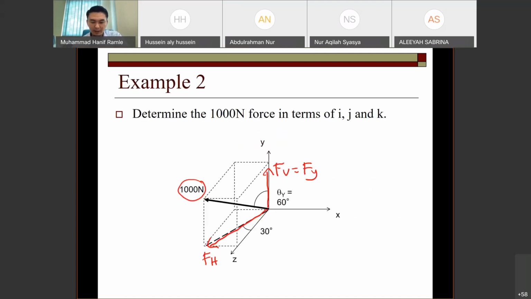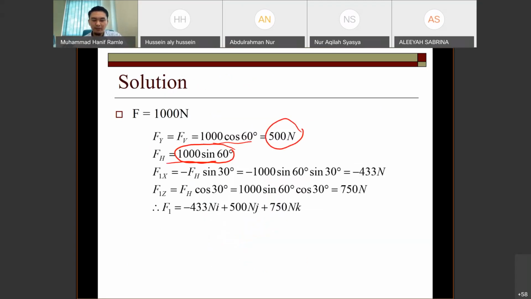Once you have Fh, you can get the z component, Fz, and also the x component, Fx, using this angle and Fh. Fx is equal to negative.